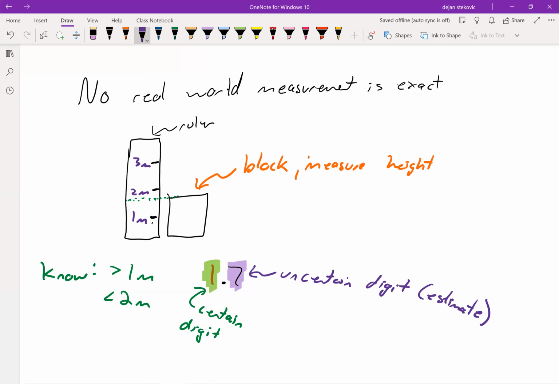Right, so that's what I estimated. I estimated as 1.7. Maybe you're watching this video and you think, oh, I think that looks more like 1.8, or maybe I think it looks more like 1.6, right? Who's reading the measurement, it's going to slightly change because that's the uncertain digit. It's just an estimate. And your uncertain digit is always your rightmost sig fig.